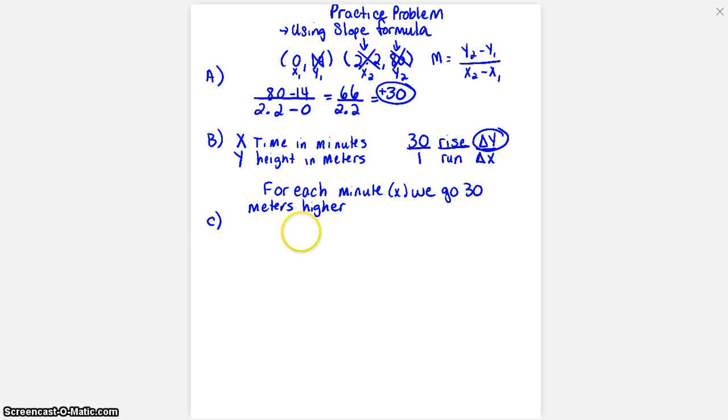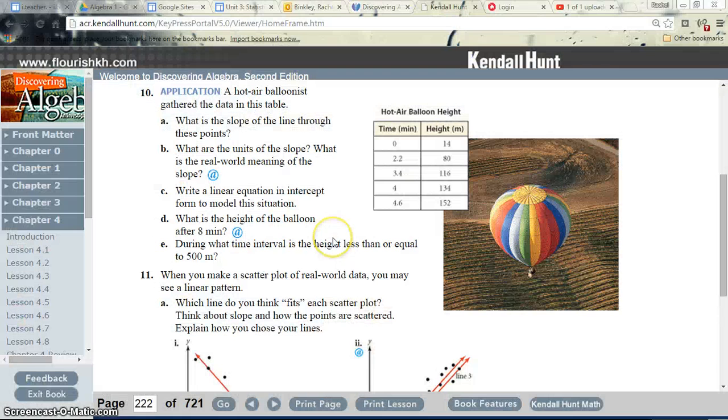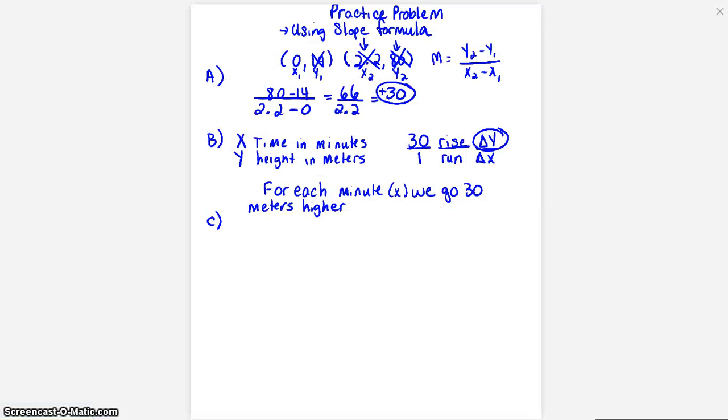All right, let's go back and look at C. Write the linear equation in intercept form to model the situation. So luckily we know how to do that. We know a linear relationship from last unit is y equals mx plus b. We have most of it.